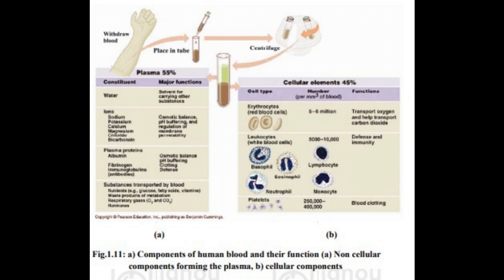Fig. 1.11b, that make up 45% of the blood. 1. Plasma. The plasma, Fig. 1.11a, is composed of water, 90 to 92%, and solids, 8-10%.